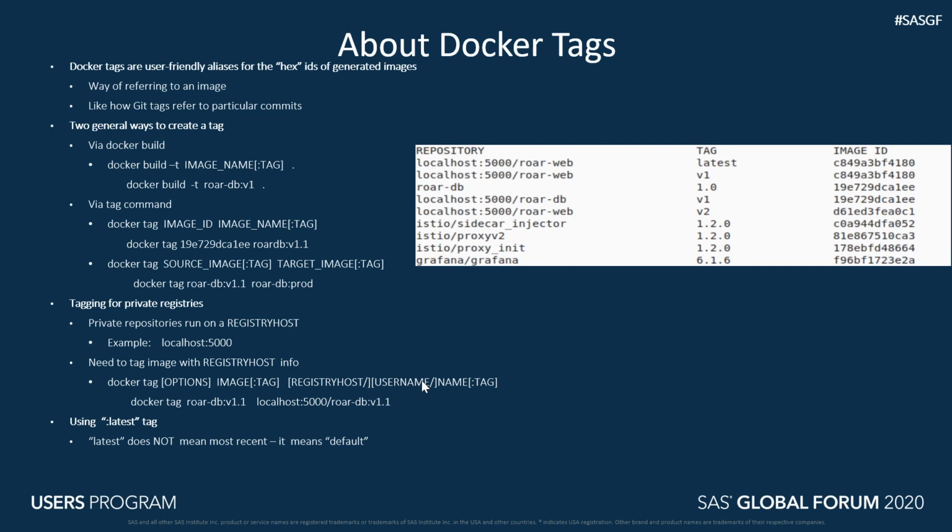Rather, it simply means the default version that is added if I don't give a specific tag. If I were to not supply the v1 up there, for example in roardb when I was doing a tag, it would give me roardb:latest.